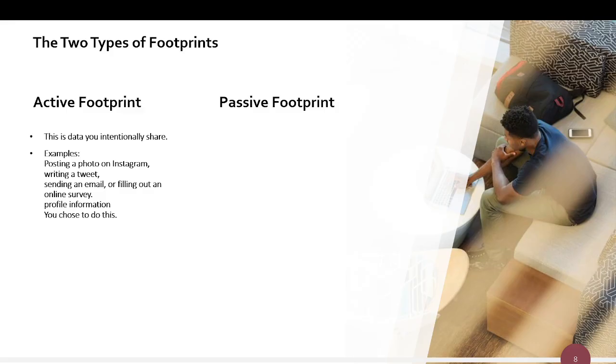No one does it for you. It was done by you. So whenever you post, whenever you like, whenever you share, whenever you upload something, whatever you do online that falls in active footprint, you are actively adding to your digital footprint.